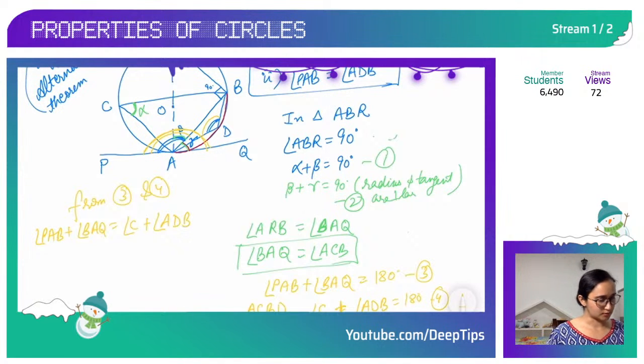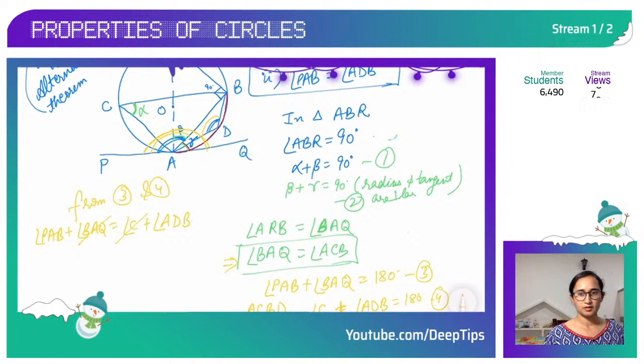But how do we do this? Now here I can clearly see that in PAB plus BAQ, this BAQ and angle C are equal, because we have just proved that BAQ and ACB are equal from this result, so they get cancelled.